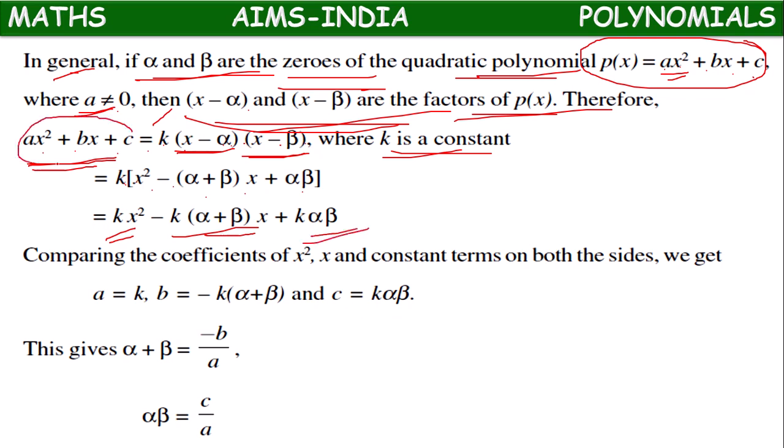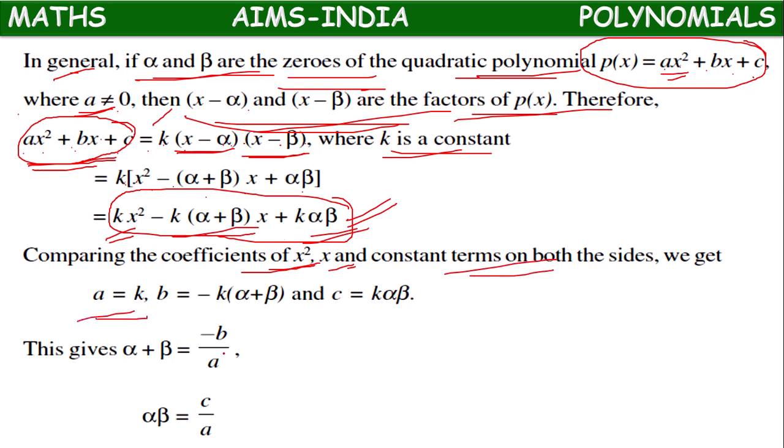So if this is the quadratic polynomial, then we can write it in terms of zeros in this form. Comparing the coefficients of x square, x and the constant term on both sides, a value will be k, b value will be minus k alpha plus beta, c value will be k alpha beta.